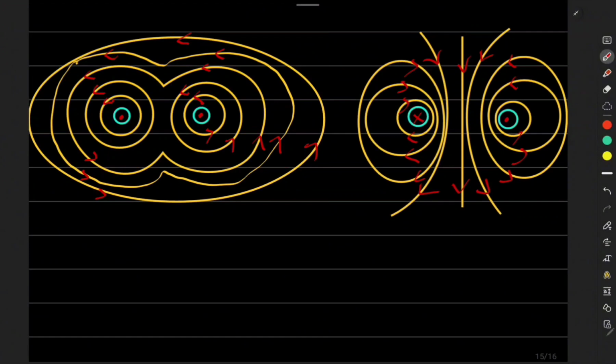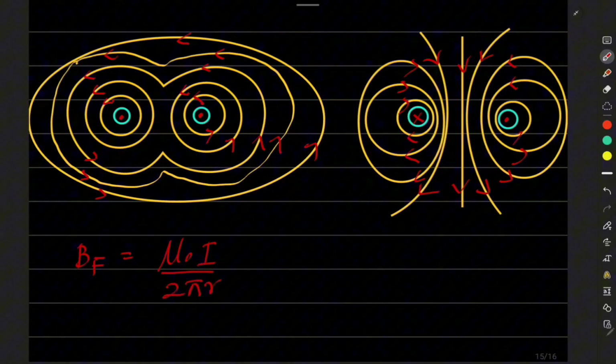Consider two parallel wires moving in the same direction. The field due to the current carrying wire I1 will be mu naught I1 divided by 2 pi r.